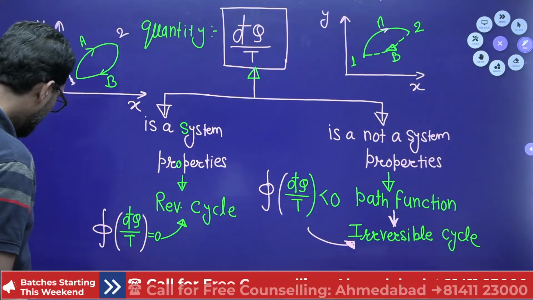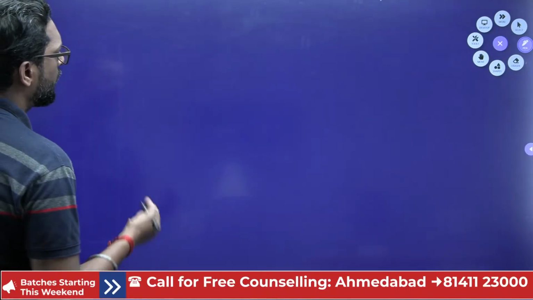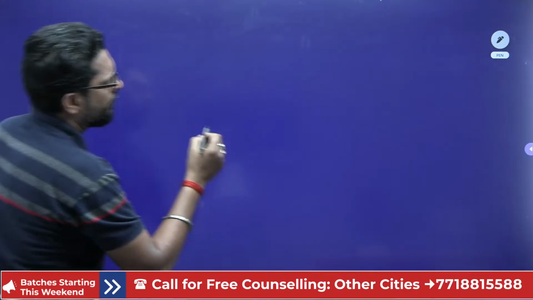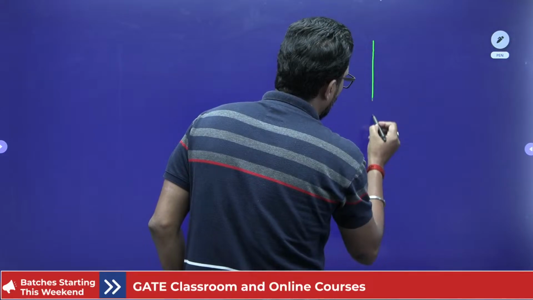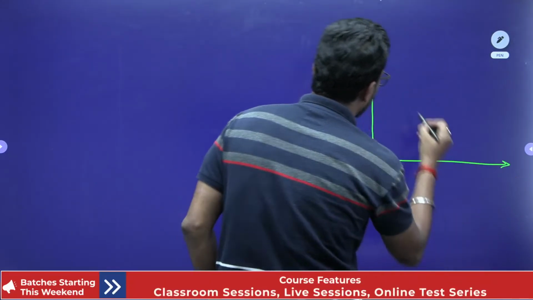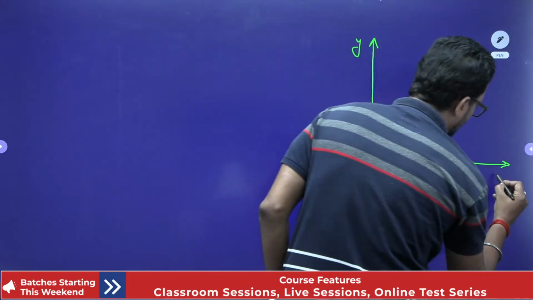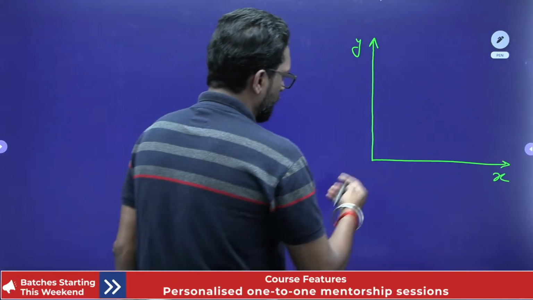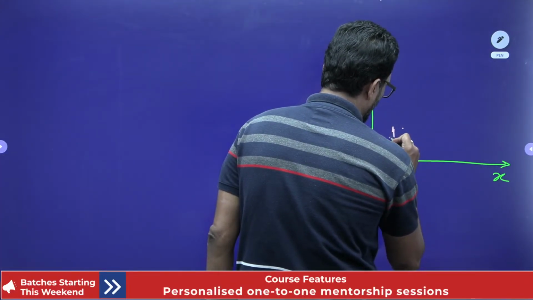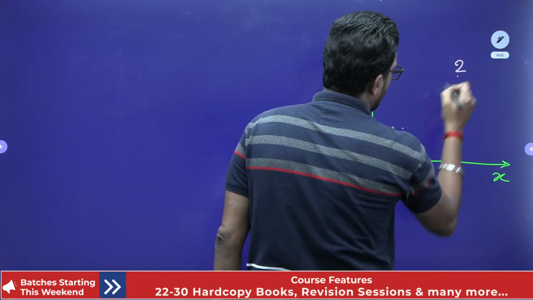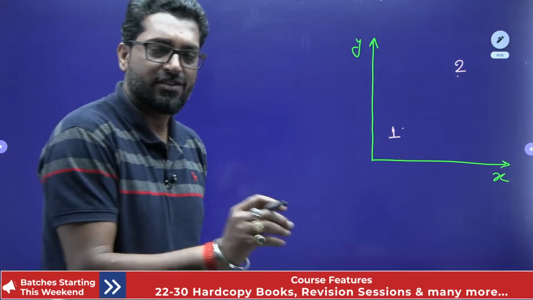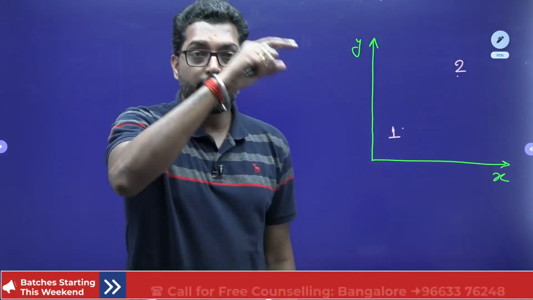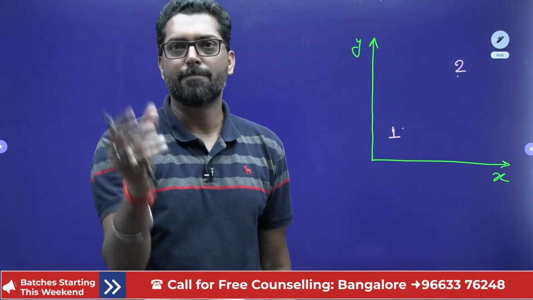Now, for the cycle, let's suppose this is our thermodynamic plane, this is your y and this is your x. Let's suppose this is state point 1. The system will go from state point 1 to state point 2 by different paths, and when the different paths combine, they form a cycle.